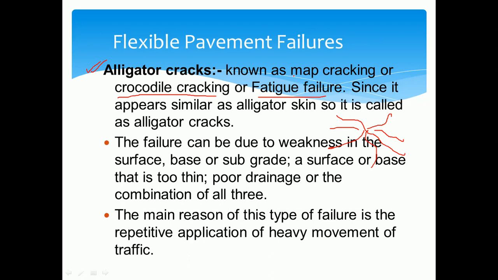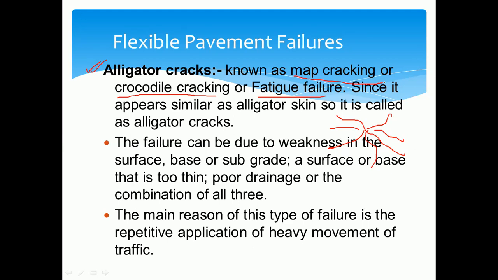It is also known as map cracking or crocodile cracking or fatigue failures. Since the appearance is like that, that is why the name indicates alligator crack. Why do we observe this type of crack? There may be a weakness in the surface, because this type of cracks we are observing at the surface only, not in the subgrade, subbase and the below layers.